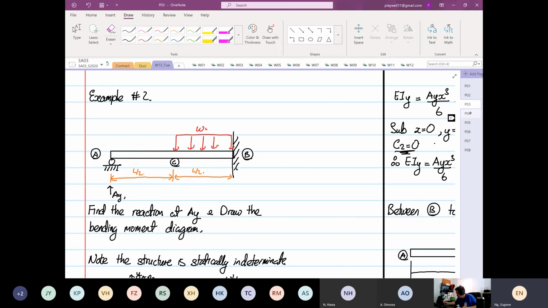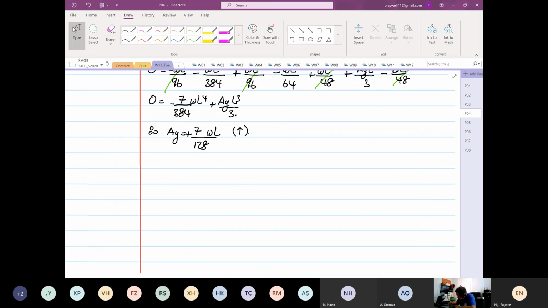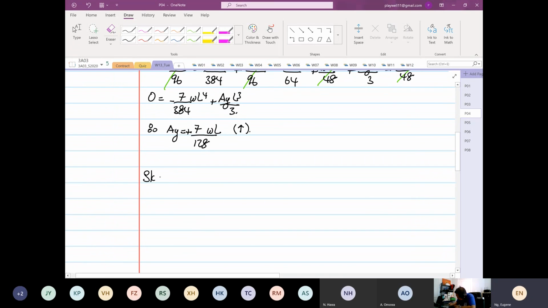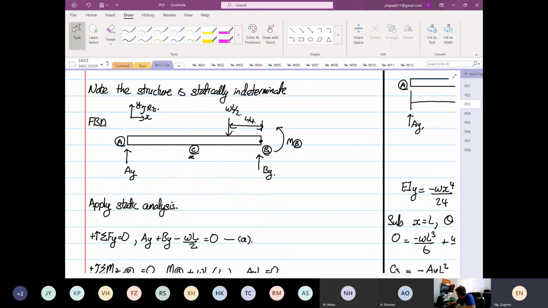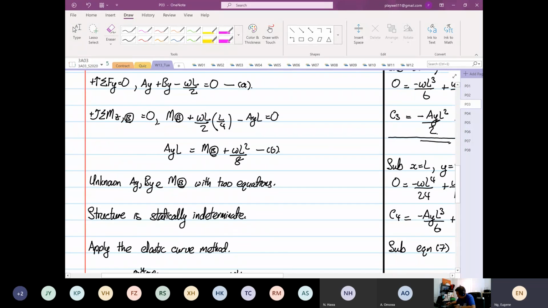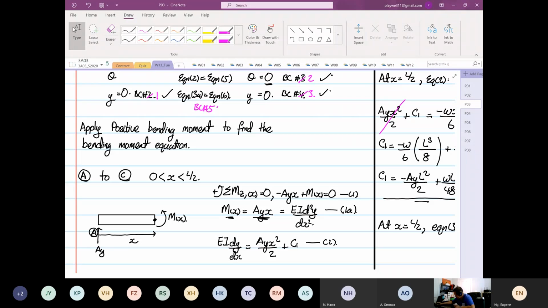So we have to sketch the bending moment diagram. To get the bending moment diagram, we need to look at equation number 1a.